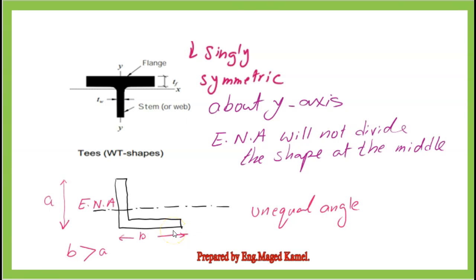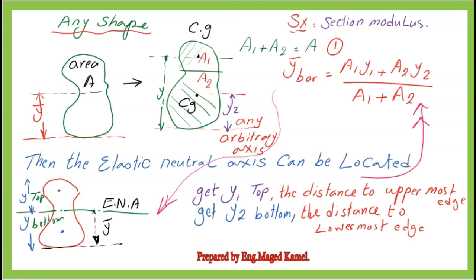What will be the steps to find the neutral axis if we have an unsymmetrical shape? We will indicate this in the next slide. For the shapes where the elastic neutral axis will not pass by the middle, we will follow these steps. Create a datum line, for instance, passing by the bottom of the shape. Use any arbitrary axis. This axis will divide the area into A sub 1 and A sub 2.